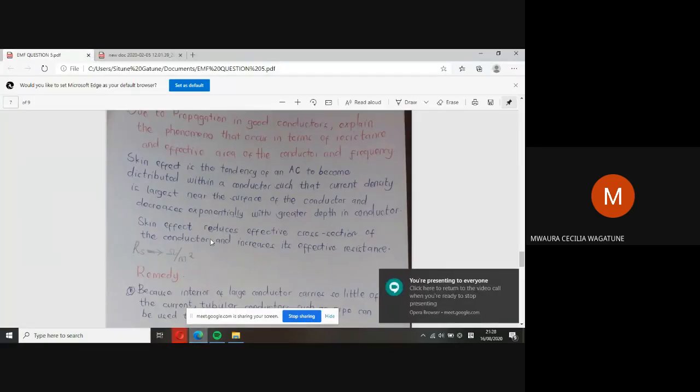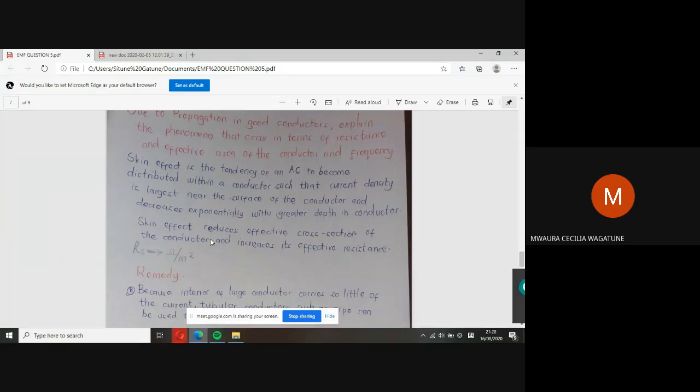Skin effect reduces the effective cross-section of the conductor and increases effective resistance. Using completely full conductors will be a waste.